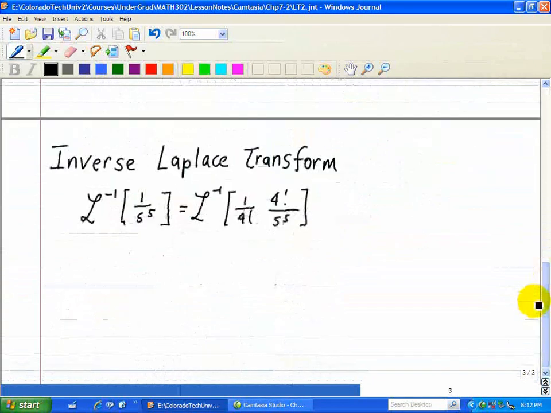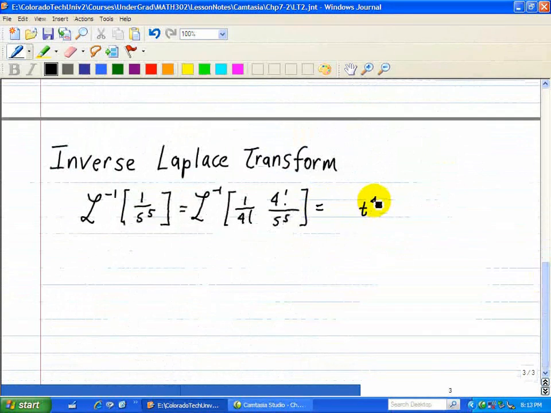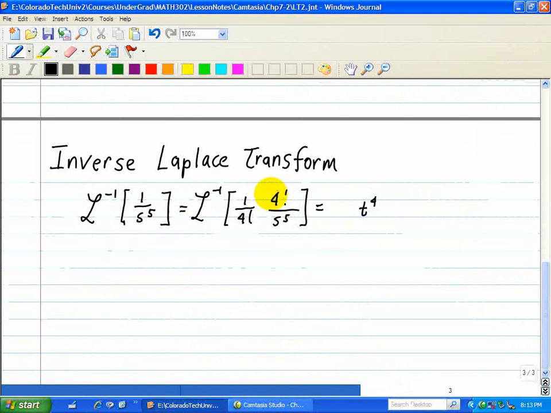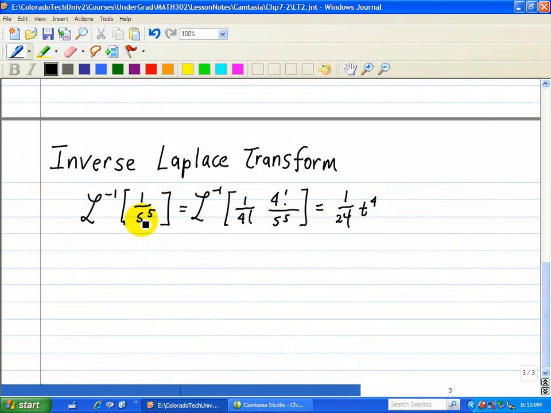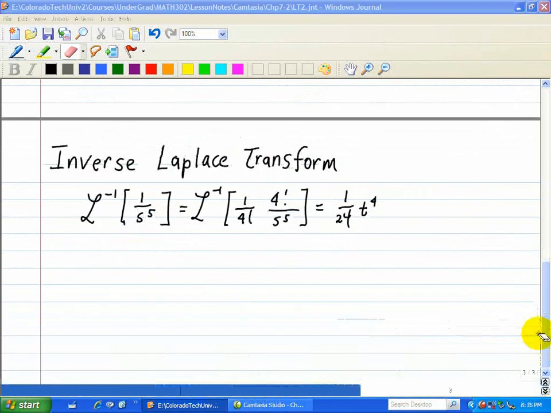Okay, so that should be equal to t to the 4th, but 4 factorial is simply 24, so it's just t to the 4th over 24, and that's our inverse Laplace transform associated with 1 over s to the 5. Okay, let's do another example.